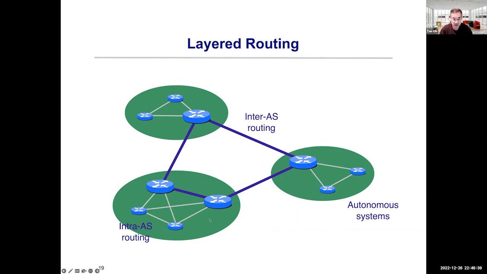So within the intra-autonomous system routing, you could have OSPF, there's the RIP protocol, there's the IS-IS protocol, different intra-domain protocols. But for routing between autonomous systems, it has only one protocol. That's the BGP protocol.